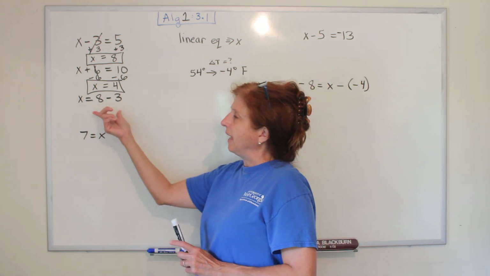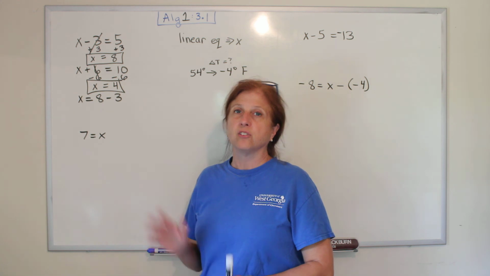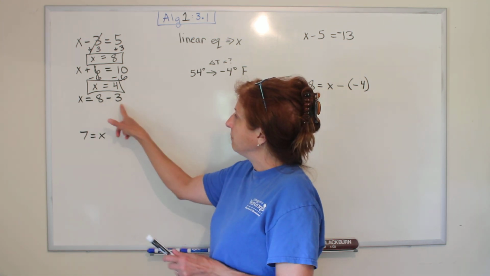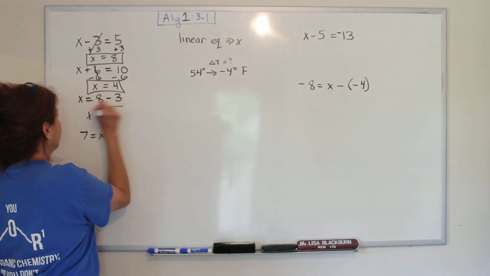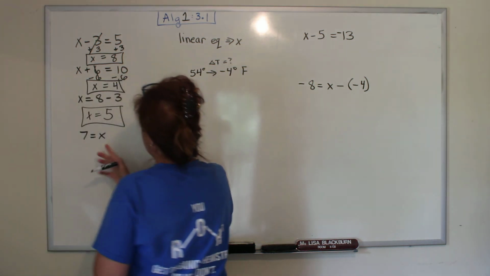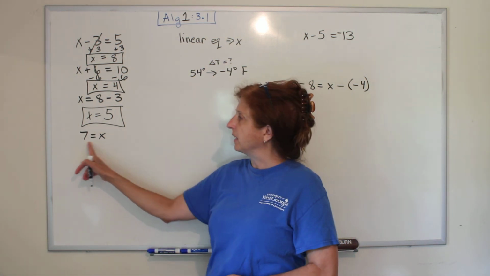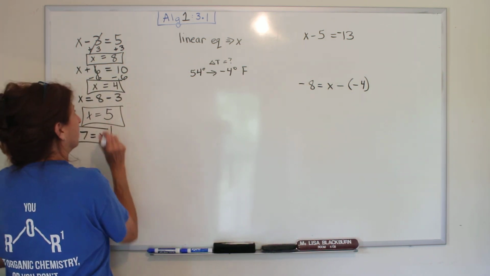To be able to add or subtract, they have to have the same letters with the same exponents. They have the same letters, no letters, with no exponents, so we can do it. So 8 - 3 is 5. Now this one, there's nothing to do. X is already by itself. I'm just showing you that it can be on either side of the equals as long as it's alone.